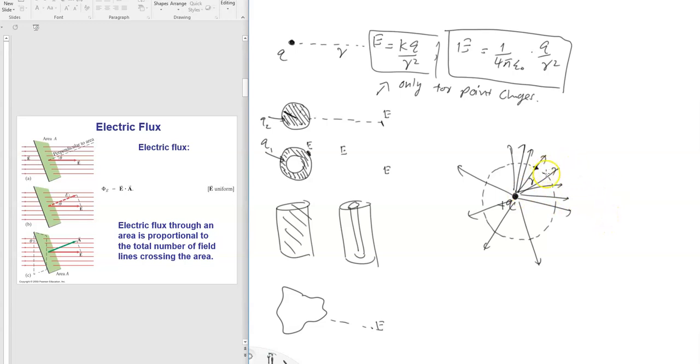Now if I take some area, the surface area on this sphere, here's the area. There's an electric field coming out. When you multiply this electric field and the area I selected, this product is called psi, or electric flux.